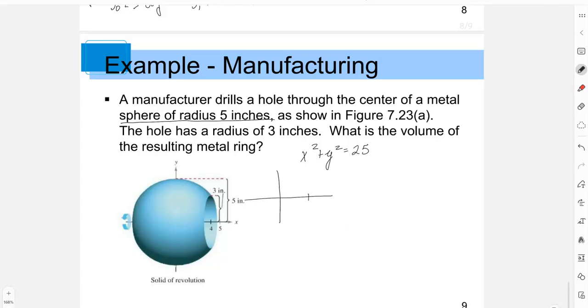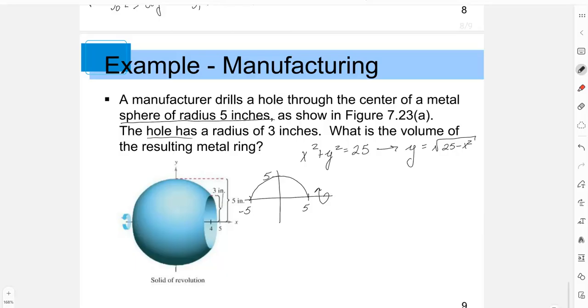So here's my picture in 2 dimensions. I'm thinking about this equation as y equals the square root of 25 minus x squared, which would be this curve. And I'm rotating it about the x-axis, which is going to form that ball, that sphere that has a radius of 5 inches.